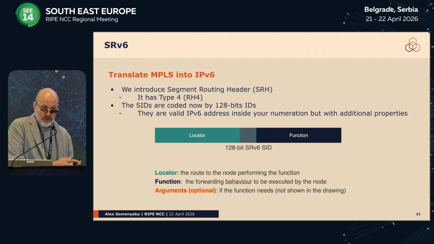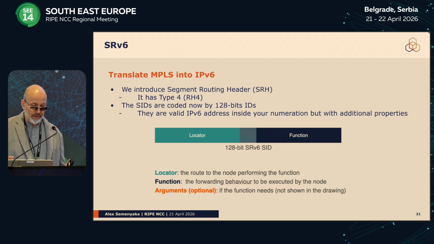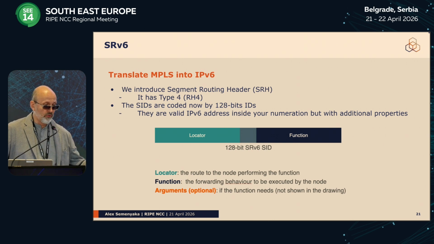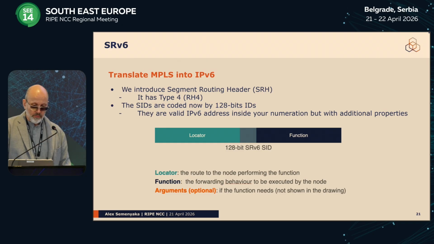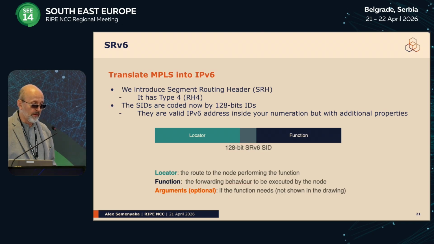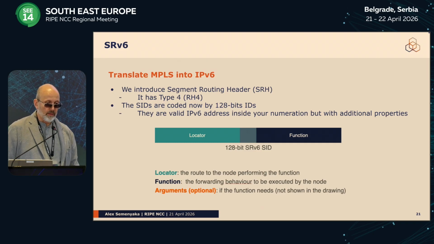And because we have so many bits, we can devote some of them for the so-called locator part. The locator part defines where this element is in the network, and to find out where, we can use the traditional approach, our traditional internal gateway protocols. Now, also we have the so-called function. It's the same idea that we had in the MPLS segment routing, but now it's explicit.